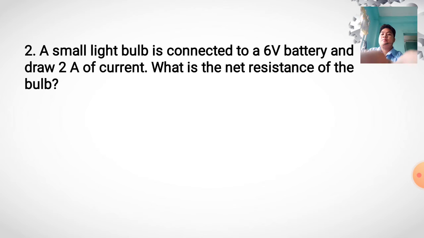So we have the second problem. A small light bulb is connected to a 6 volt battery and draws 2 amperes of current, or 2 amps. What is the net resistance of the bulb? In this problem, we're just going to get the resistance. What are the given?